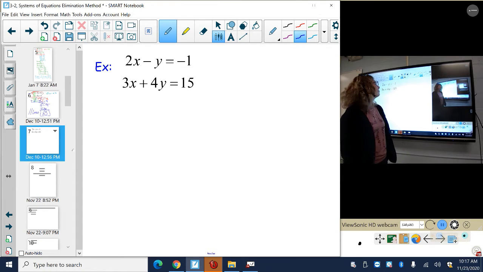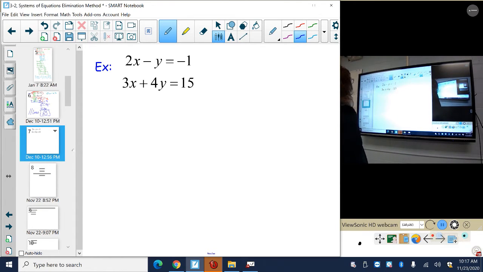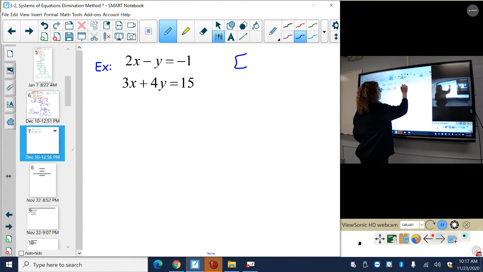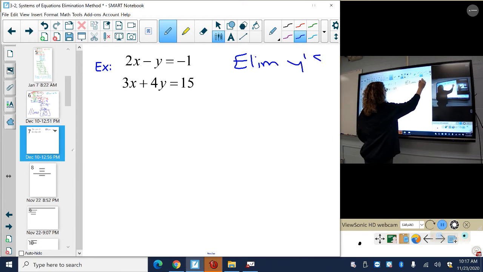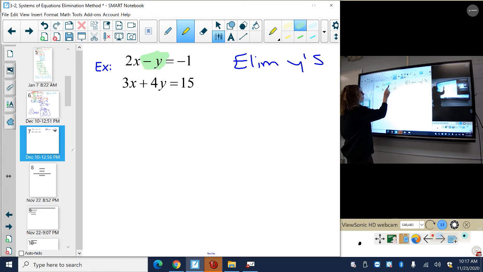Next, let's try it again. I have 2x and 3x, -1 and 4. Now, which one do you think would be easier, 2 and 3 or 1 and 4? Well, I'm going to go ahead and eliminate the y's this time because last time we did the x's. So I want to focus on my y's. Well, that's really nice that the y's are opposite.